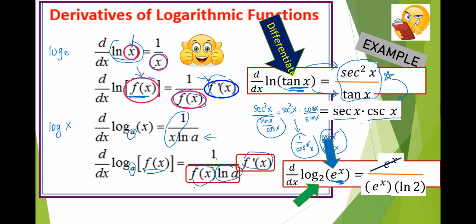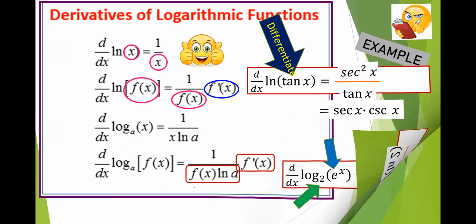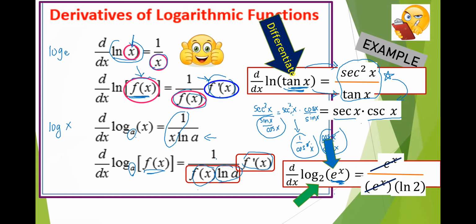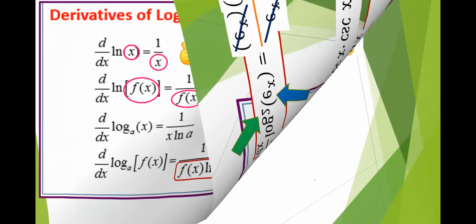Take note, you can cancel the e to the x. So, this will just become 1 over ln of 2. This is the final answer for the derivative of log of e to the x to the base 2.